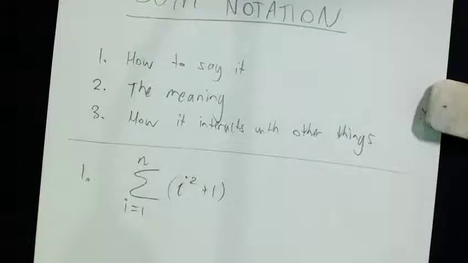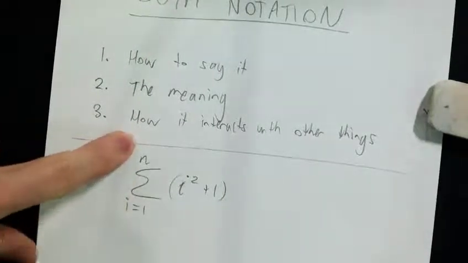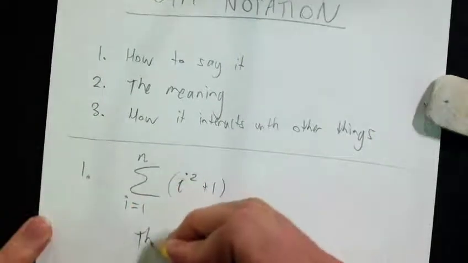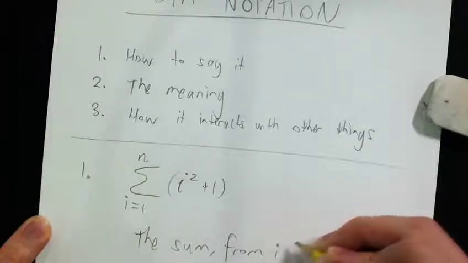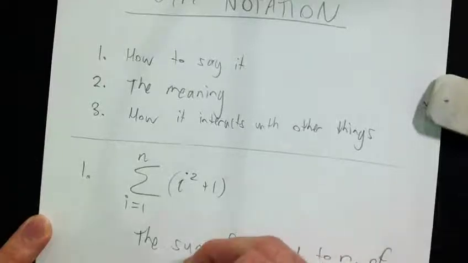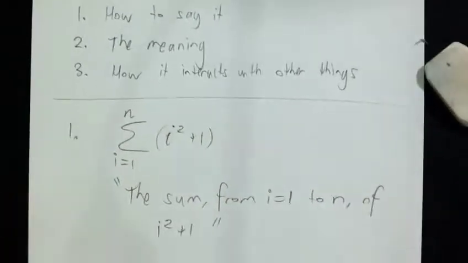Most people will read this aloud as the sum from i equals 1 to n of i squared plus 1, just so you know. That's how you would say it. You might say the sum of i squared plus 1 from i equals 1 to n. It's a grammatically correct rearrangement of that, but most people will read it with the things attached to the sum first.